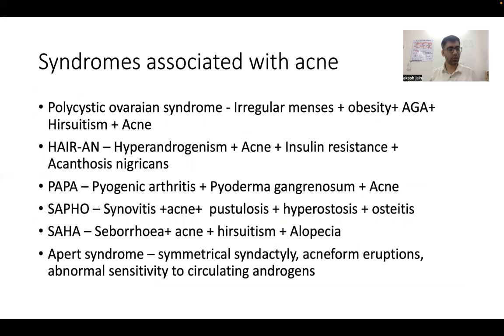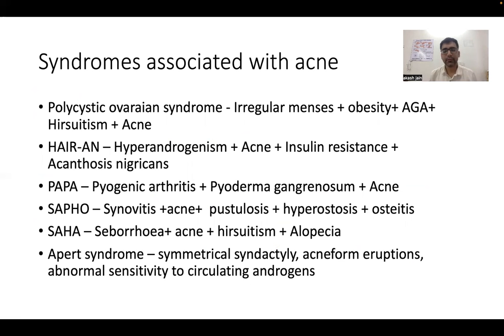Now the next topic is what are the syndromes which are associated with acne. The most common syndrome associated is PCOS or PCOD, also known as polycystic ovarian syndrome. It consists of irregular menses, obesity, androgenetic alopecia, hirsutism, and acne.